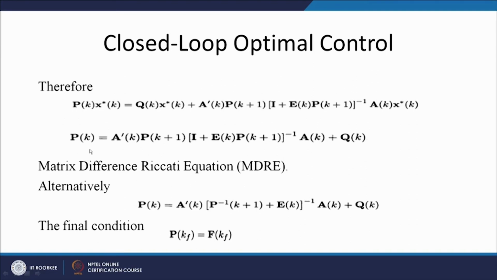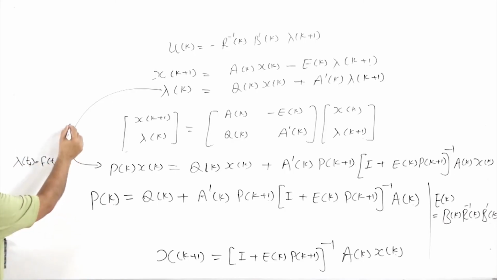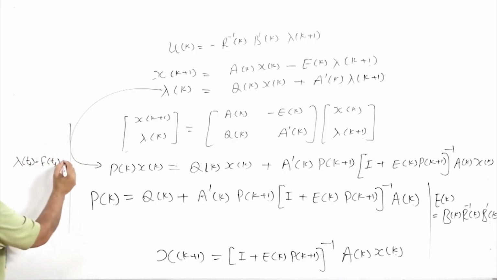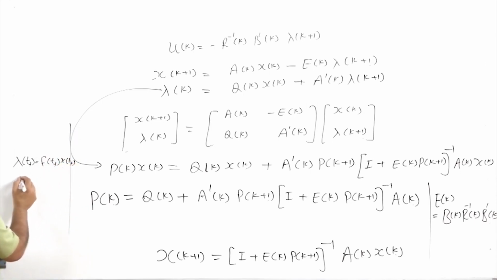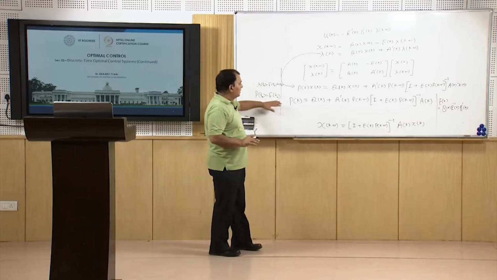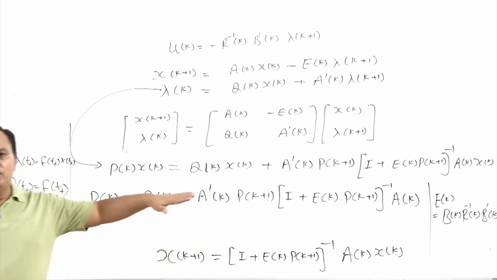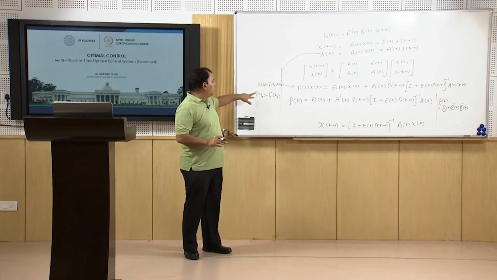And for this Riccati equation, we know we have lambda Tf as f of Tf times x of Tf. So, by this I can say my P of Tf is nothing but f of Tf. I have my terminal condition. This is a difference equation which can be solved for pk with the terminal condition.